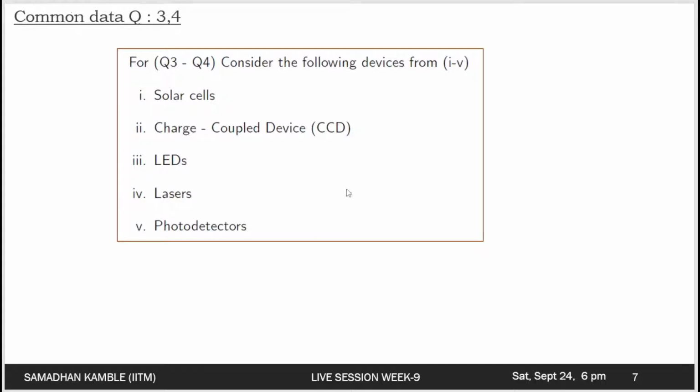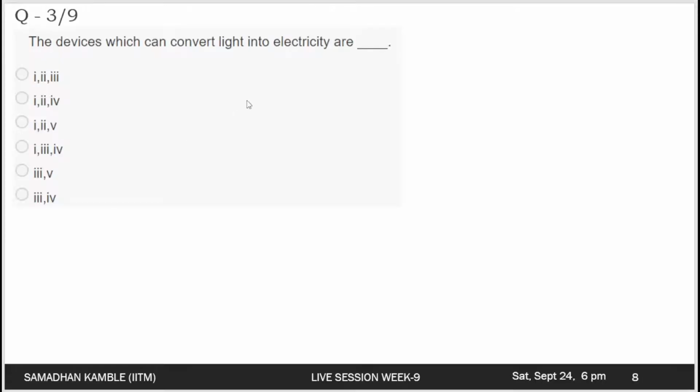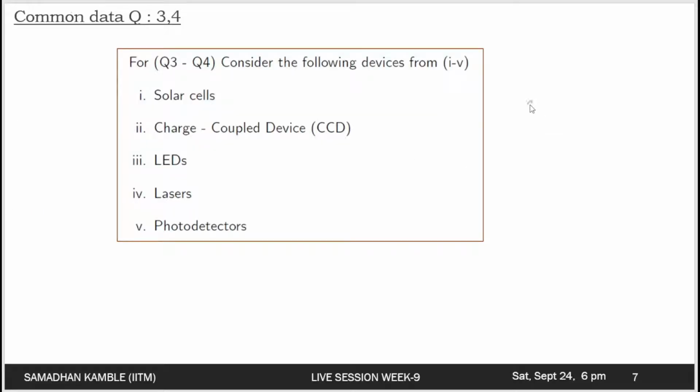Consider these devices and answer question number 3 and 4. I want answers from you guys. Question number 3 is as follows: the devices which can convert light energy, or say light, into electricity are. So light to electricity is asked first.